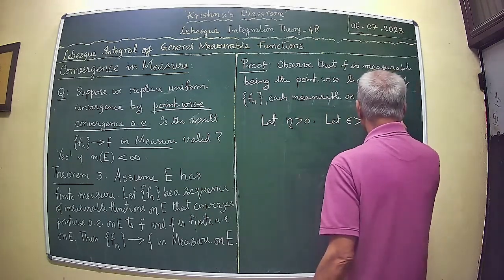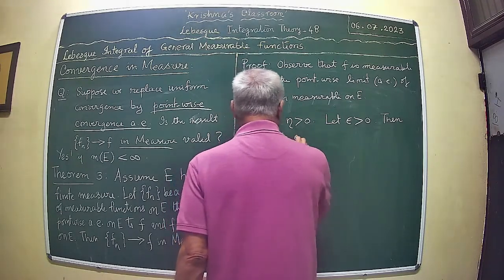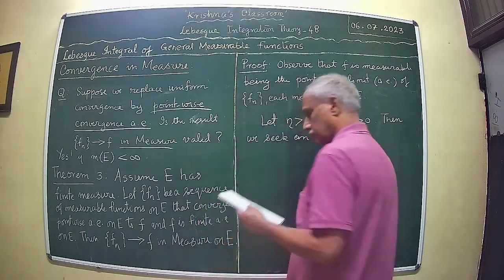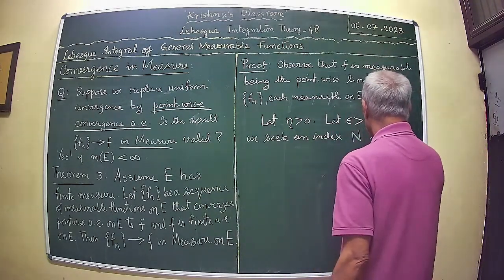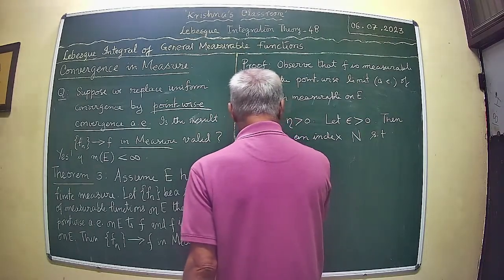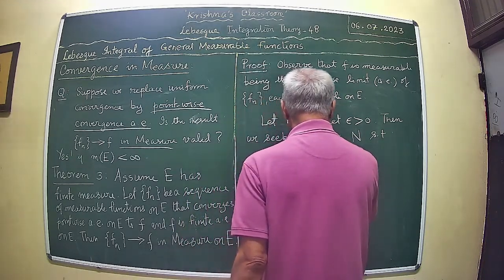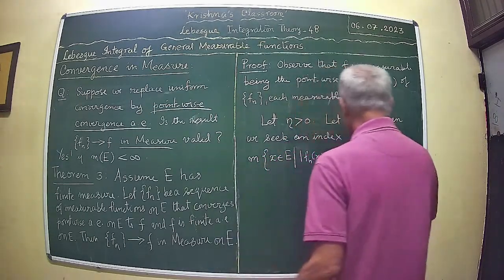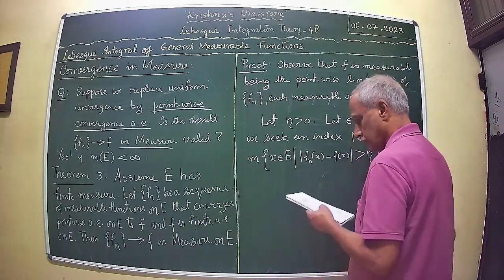Then we seek an index N such that the measure of the set of all x belonging to E where the absolute value of Fn(x) minus F(x) is greater than eta is less than epsilon for every n.